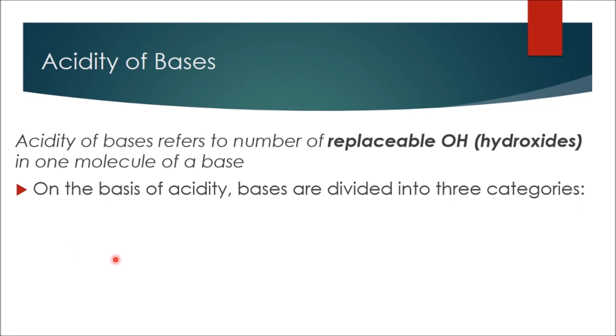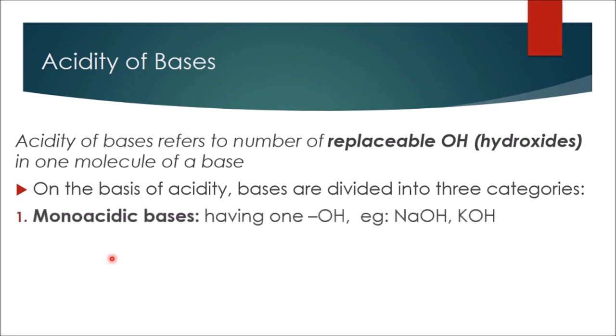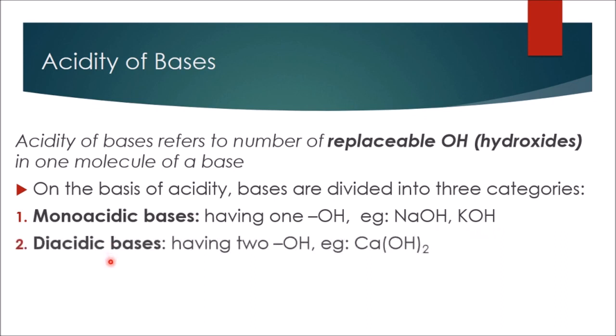On the basis of acidity we divide bases into three categories. Monoacidic bases have only one OH ion in them, for example NaOH and KOH. You can see there is only one OH ion in NaOH and KOH, so they are monoacidic. The second type is diacidic, which have two OH ions, for example Ca(OH)2. This is calcium hydroxide.